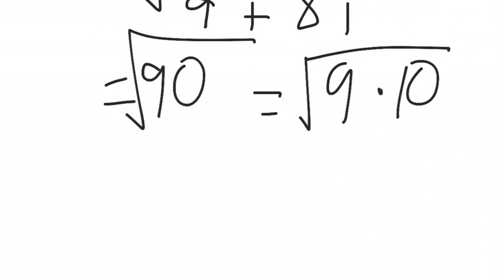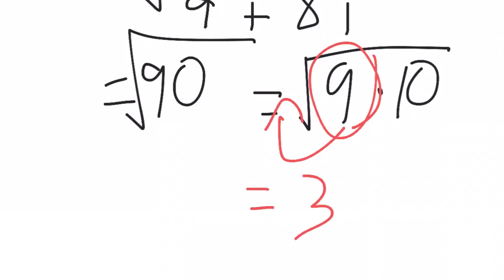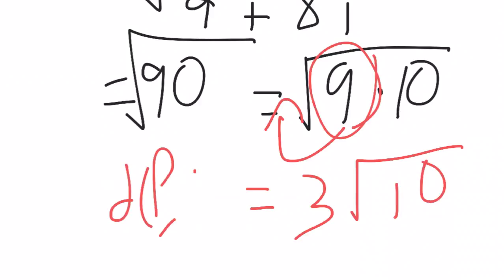Square root of 9 is 3, so the 3 would go to the outside. So it'd be 3, and we're left with 10 underneath. So the distance from P to Q is equal to 3 square roots of 10. And we're going to go into later why that's important, why we do that. You'll see that whenever we go to actually add the distances up.